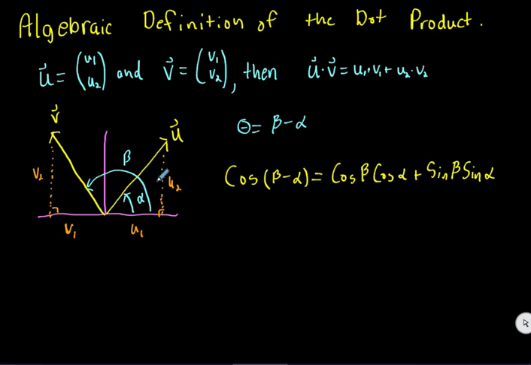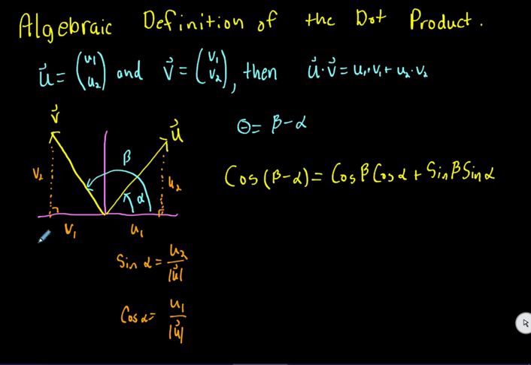So let's start with angle alpha in this right triangle. I know that the sine of alpha would be u sub 2 over this length, which is magnitude u. So it would be u sub 2 over magnitude of vector u. Then the cosine of alpha would be u sub 1 over magnitude u.